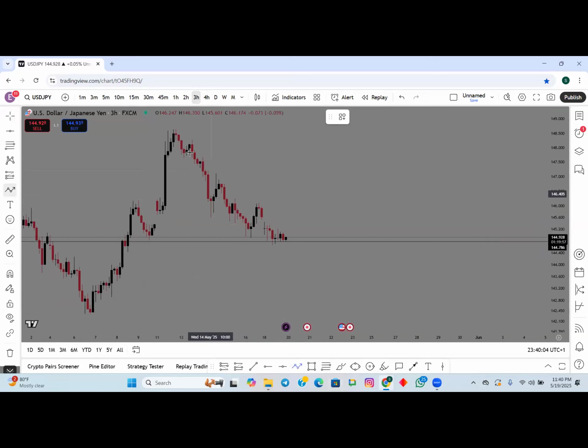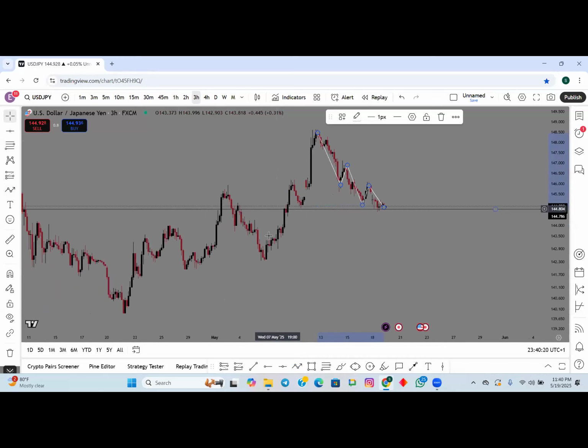The price used to approach that POI, making a series of lower low, lower highs, lower low, lower highs, lower low. So this was the last high and this is the low.